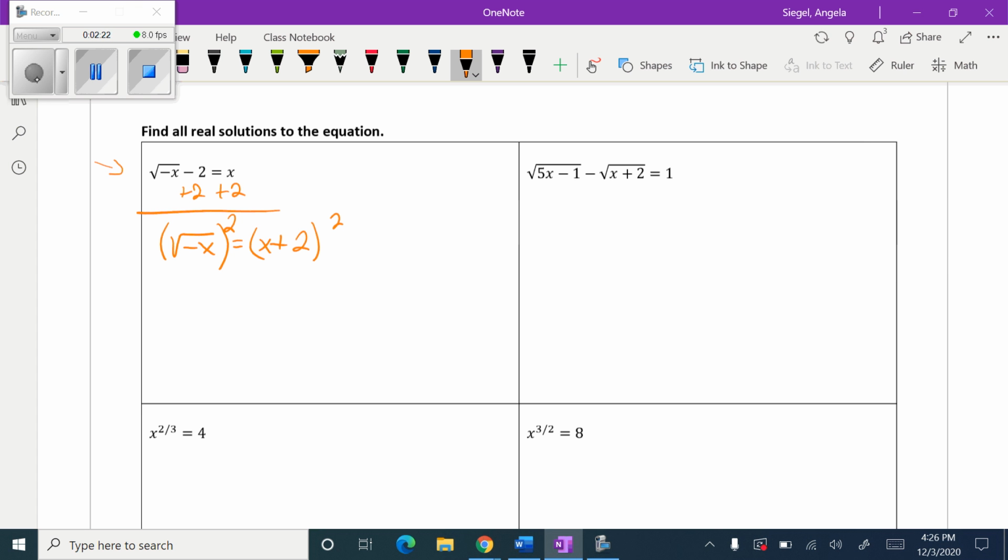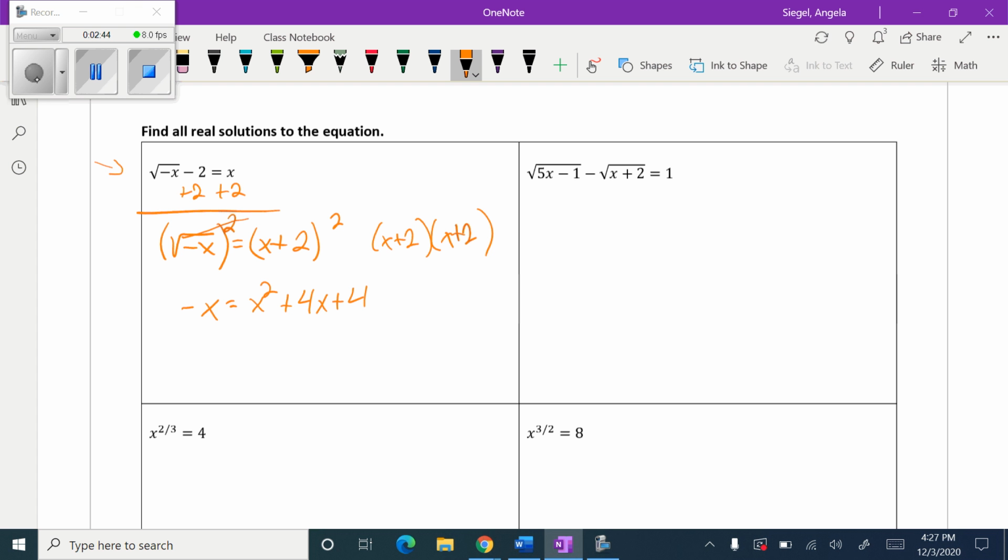The square root and the square cancel out each other and I get negative x equals, and remember guys, this is x plus 2 times x plus 2. So don't think that it's just 2 terms. It's going to be x squared plus 4x plus 4.